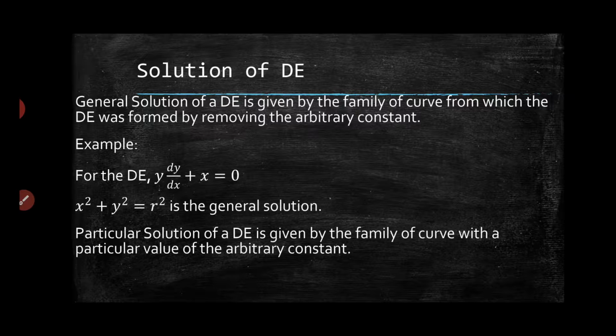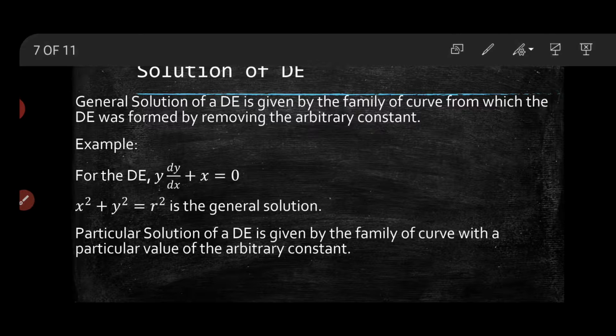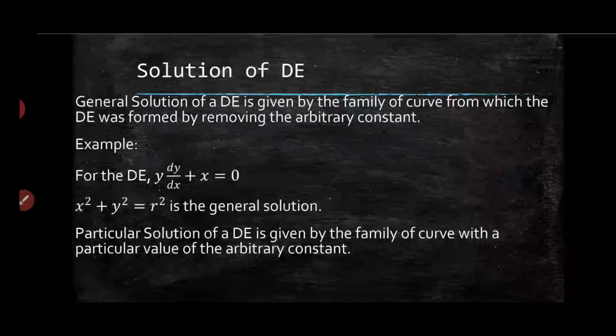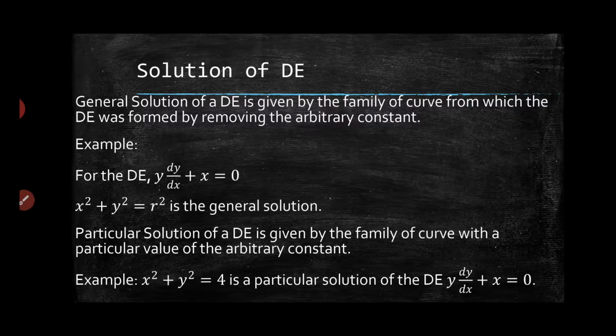So again, if we take an example, if I continue with the same differential equation, that is y dy by dx plus x equals to 0, then let us take, for example, x square plus y square equals to 4. Then this is a particular solution of the differential equation. Why particular?